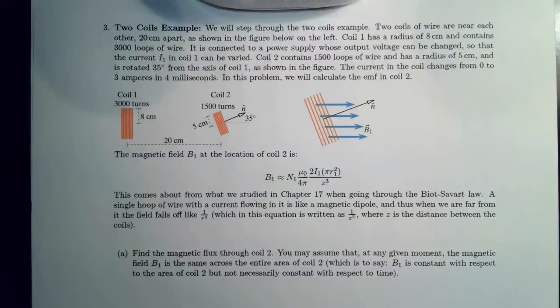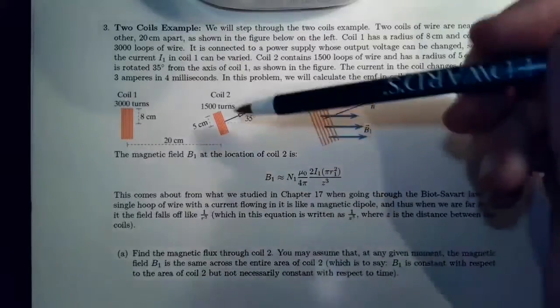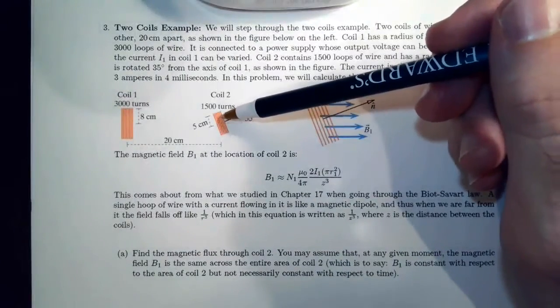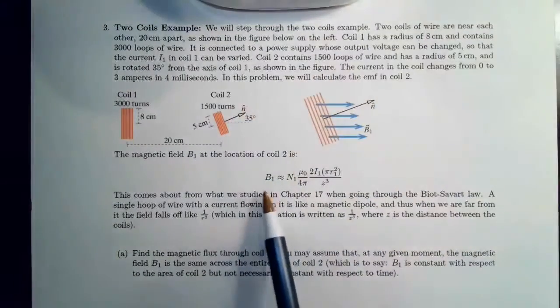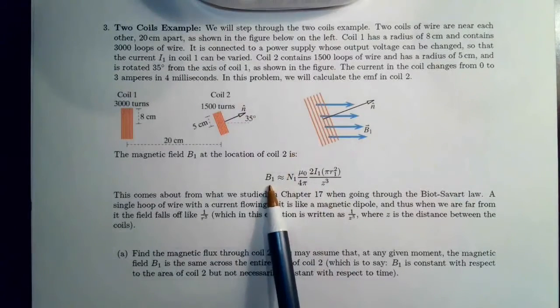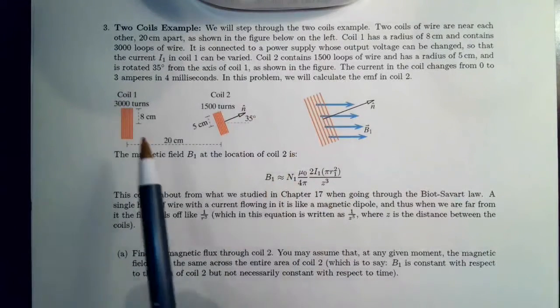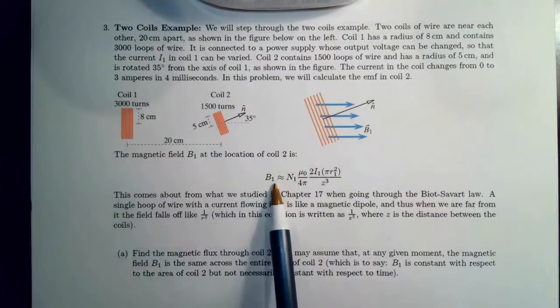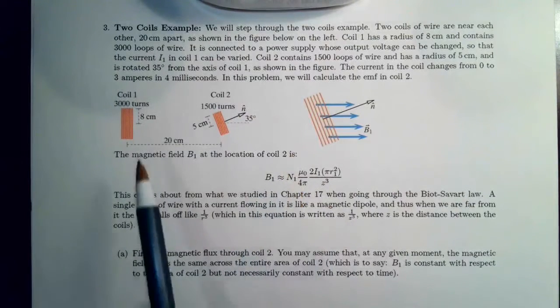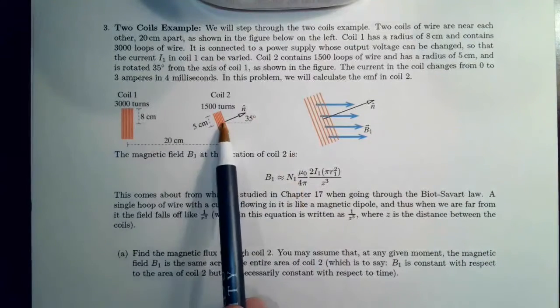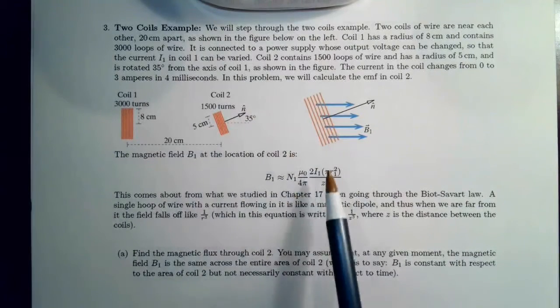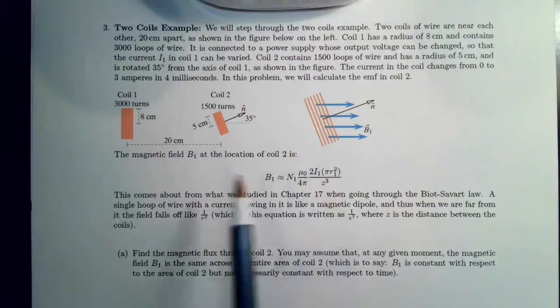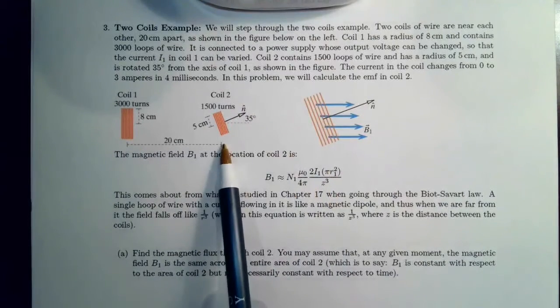Okay, our first job is to come up with a formula for the magnetic flux in this coil right here. Here it's given to us the strength of the magnetic field due to coil 1, right? That's why the subscript 1 is there. This is the magnetic field due to coil 1, and this is telling us the strength of that magnetic field over here where coil 2 is. And in this case, Z is the distance between the coils.